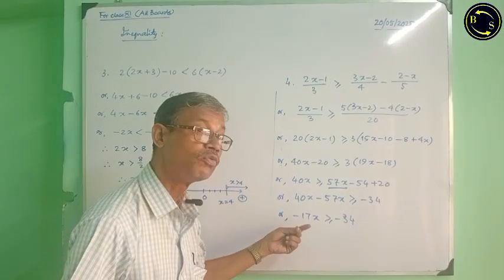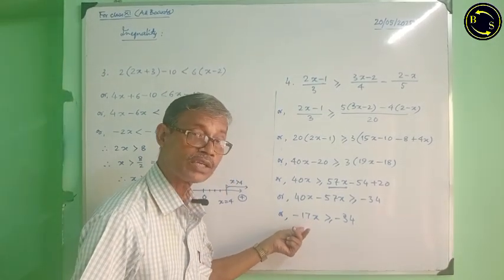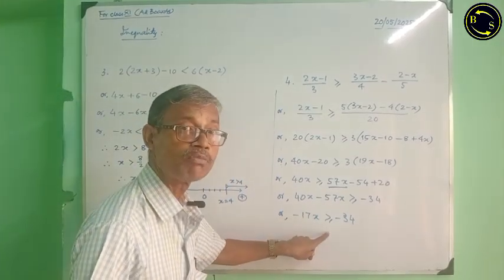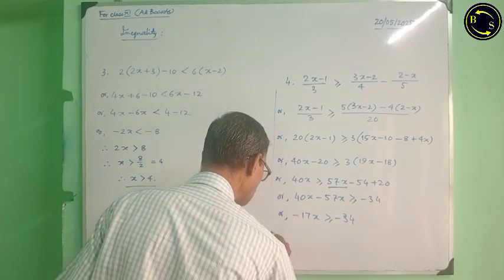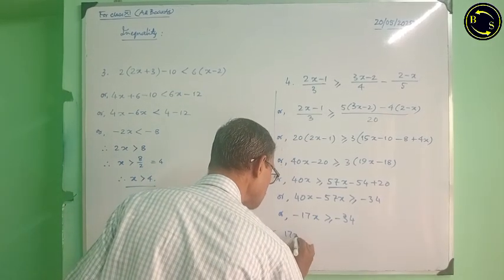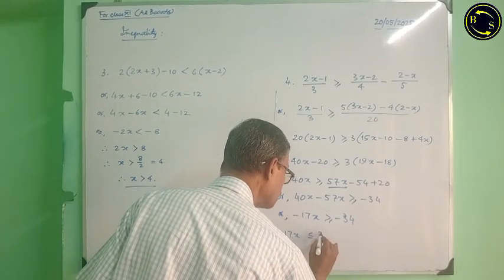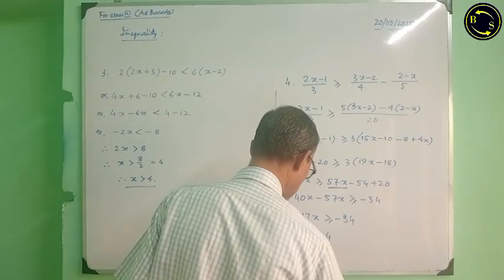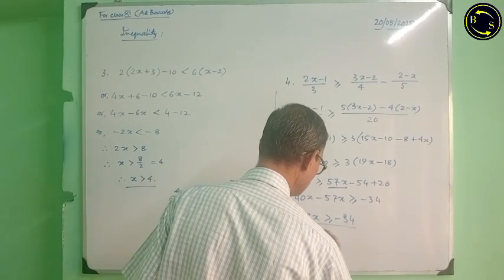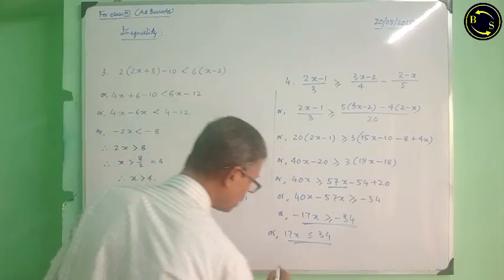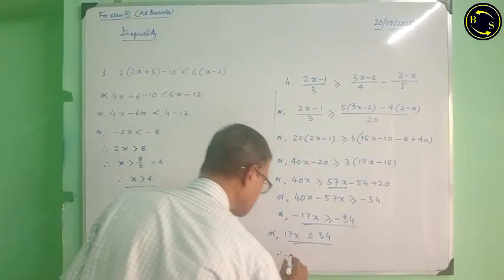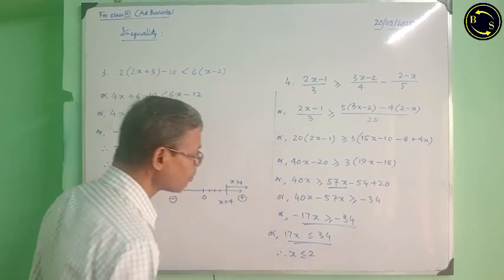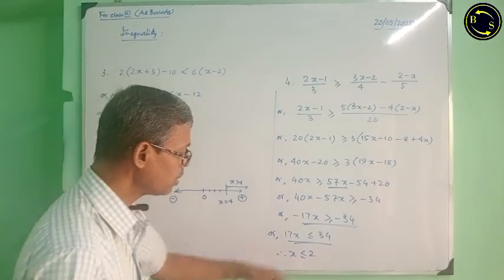Now we have to get the positive value, that is why you have to multiply by minus 1 so that this inequality symbol will be reversed, or 17x less than or equal to 34. This step is to be noted carefully. Now we divide both sides by 17. Therefore, this is the required solution.